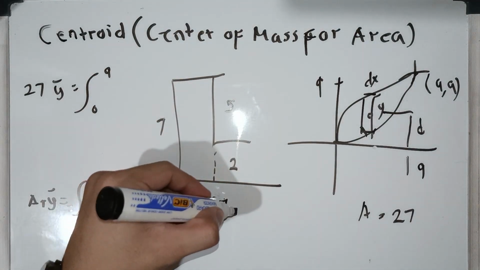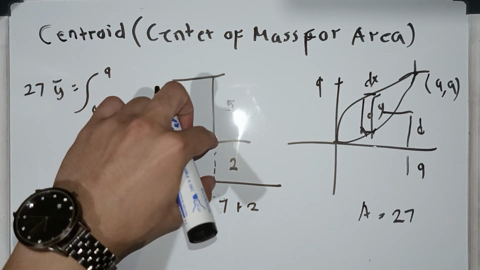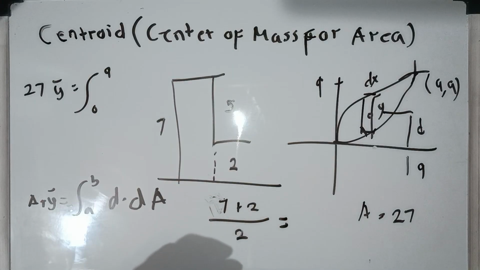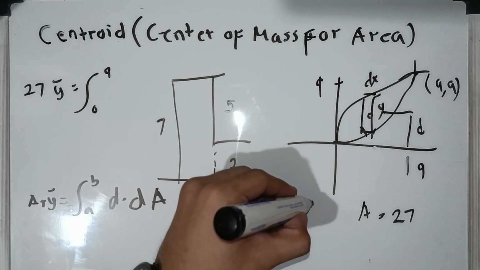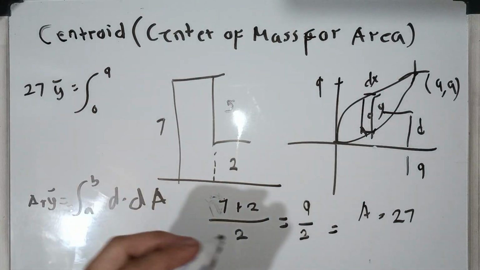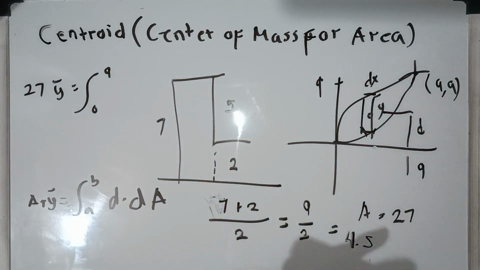So this is 7 plus 2, which is here. Let's divide this by 2 to get the average. So 7 plus 2, which is equal to 9, divided by 2, so that is equal to 4.5.